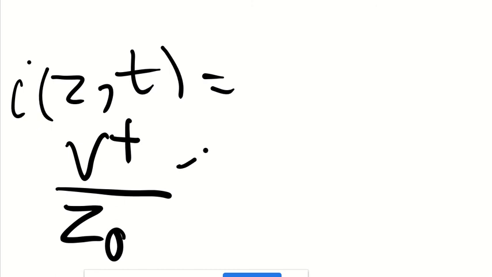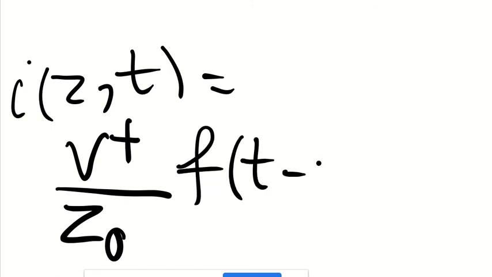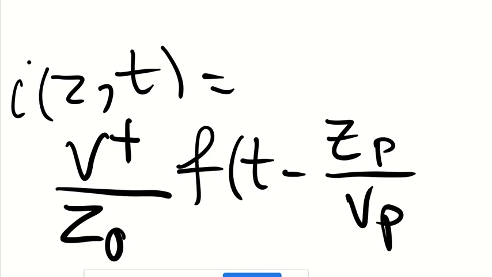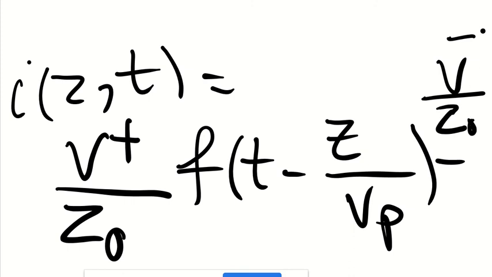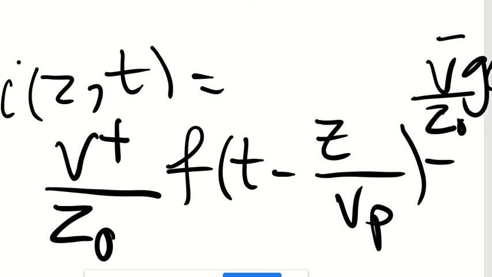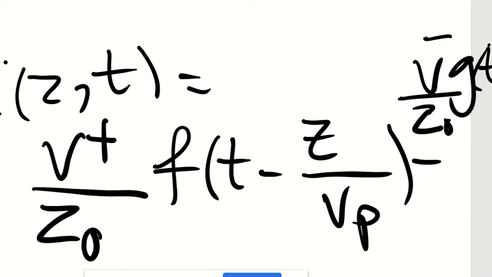Then F is my function, again exactly what I had for voltage. This is the direction, this is the impedance, okay? I'm writing the same equation I had before, I just divide it by impedance. Same thing for the backward wave, it's just that here, instead of plus, I have minus.